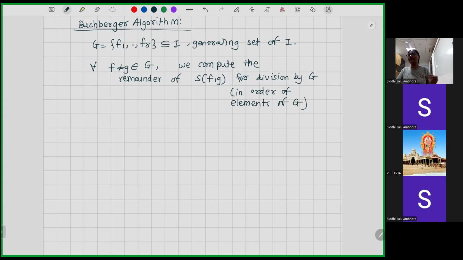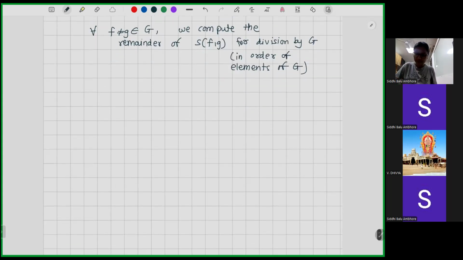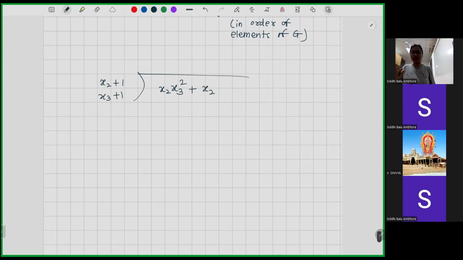Why this is important is when you divide some element. For example, let me do this. Take x1 x3 square plus x2, and we divide this by x2 plus 1, x3 plus 1. I don't know whether this will give what I want to show, but let us try. If I first multiply by x2, I get x3 square times x2 plus 1, which gives x2 x3 square plus x2, and when I subtract I get 0 here.